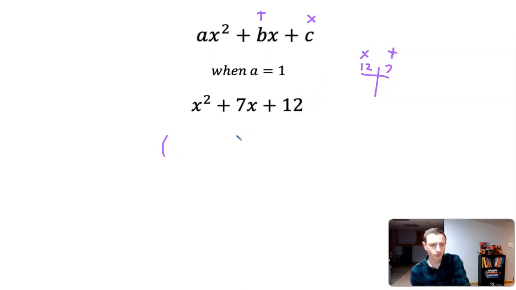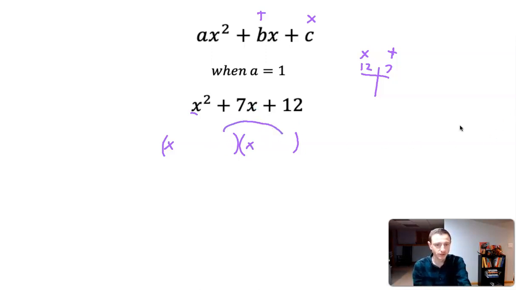So what we want our end goal to be is two terms. This is x squared, so this is going to be an x, and this is going to be an x. Because when we go back through and multiply this out, this would be x times x, which would be x squared, and then we do x times this term, and then whatever this term is times x, and then that's going to give us our 7x, and then these last two terms are going to multiply to 12.